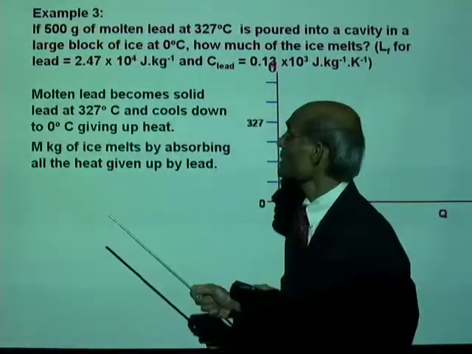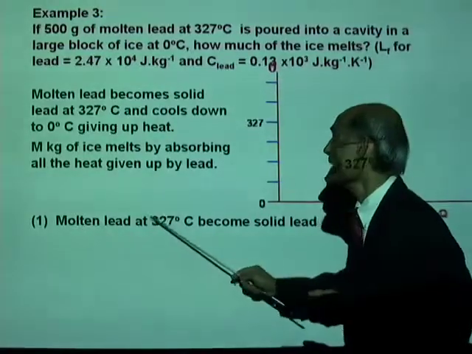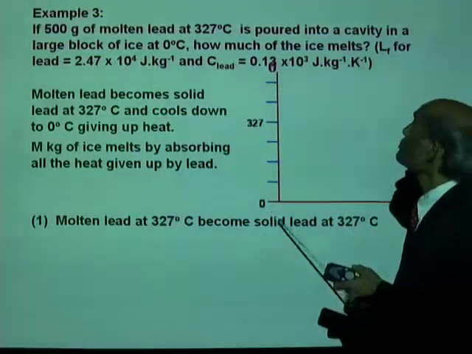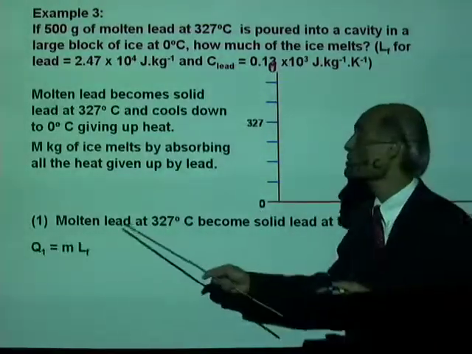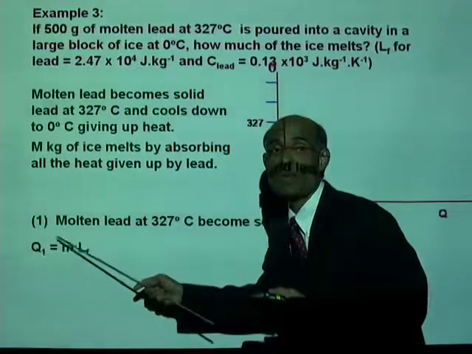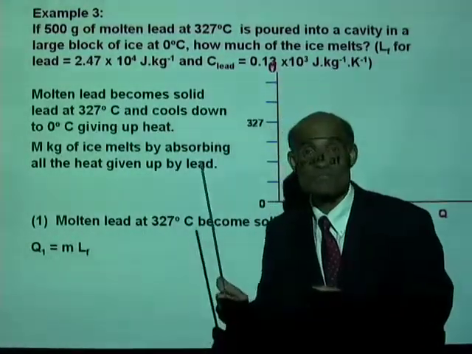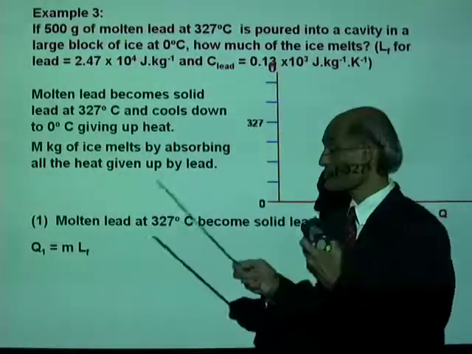Alright, let's start by looking at each stage. Stage 1, molten lead at 327 degrees Celsius becomes solid lead at 327. What is the amount of heat liberated? Q1 equal to mass times latent heat of fusion. Is that right? A change of state without a change of temperature.